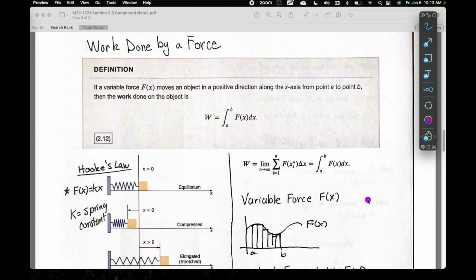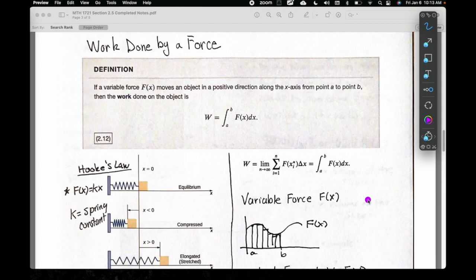Next concept in our lesson, we're going to talk about work done by a force. Now, intuitively, when we think of work done by a force, we imagine a push or pull on a chair. That's what we think about intuitively, but really, work is just the energy that it takes to move an object. That's really what we're talking about here.